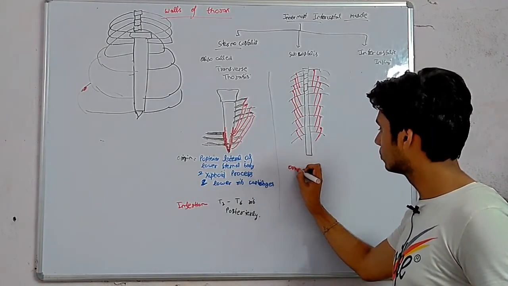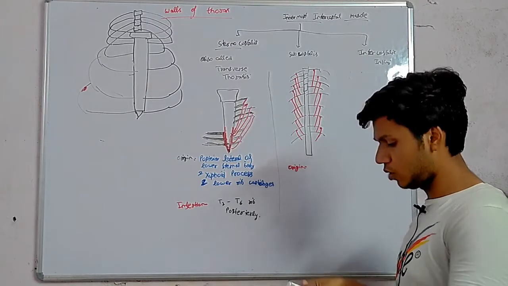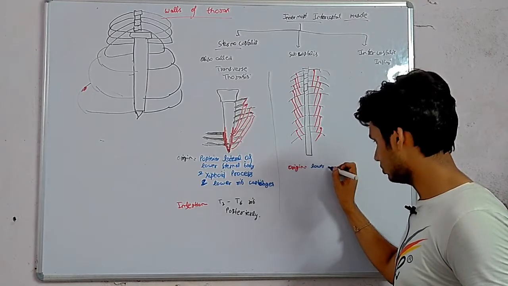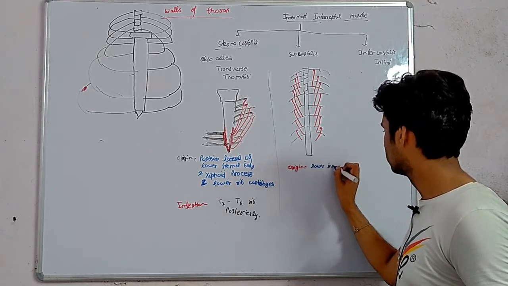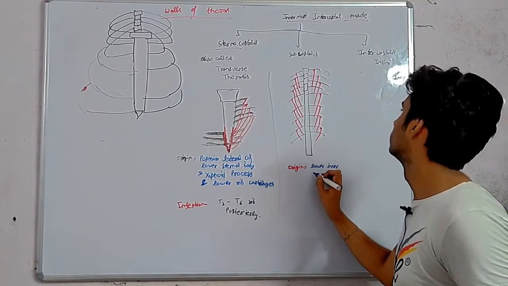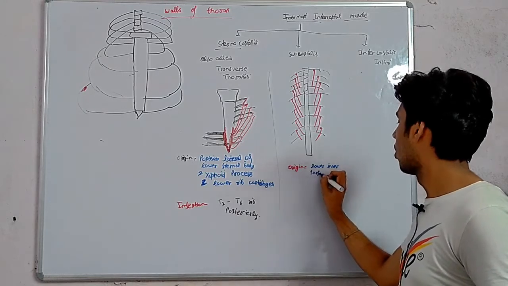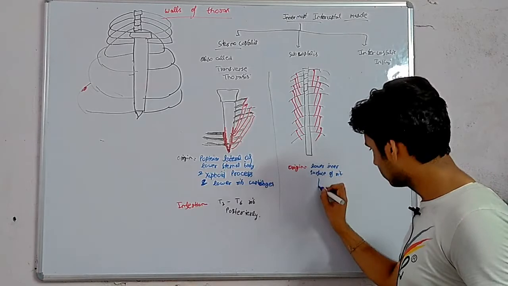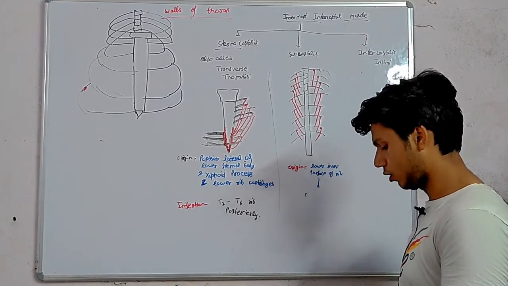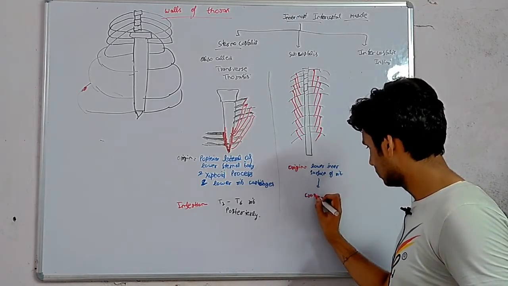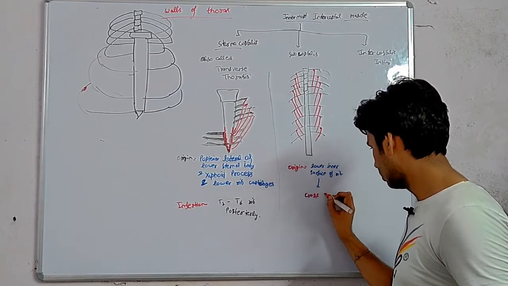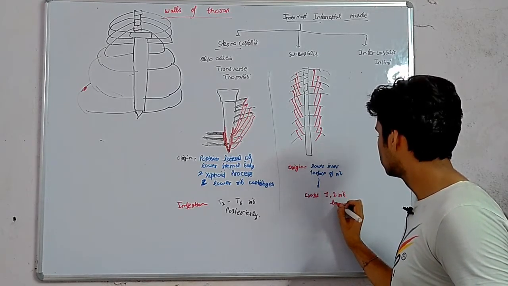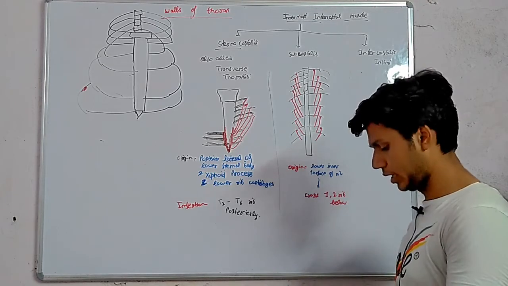Origin: lower inner surface of the rib, then it crosses, this is an important point, one or two ribs below. Insertion.